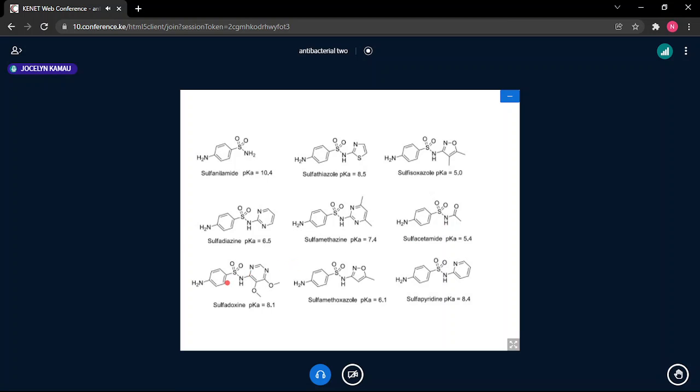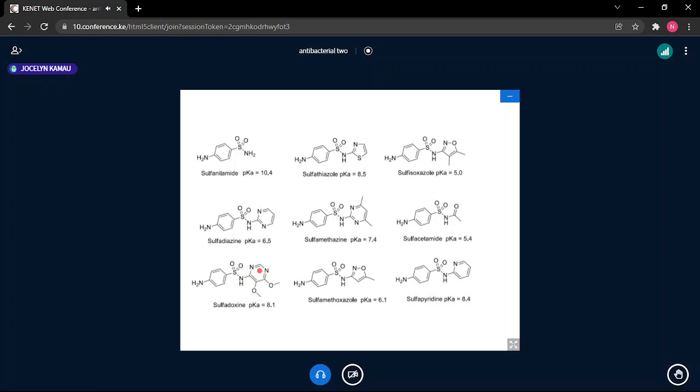Then you have sulfadoxine. And again, if you look at sulfadoxine, we can understand. It is very, very similar. Of course, the nitrogens are arranged differently. It is still a pyrimidine ring, but with nitrogens placed farther away.